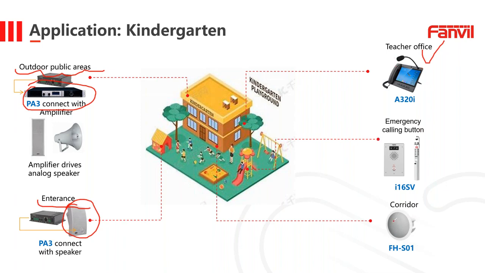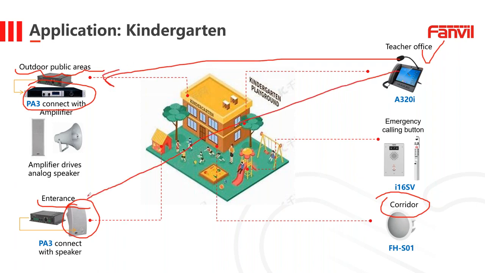And FHS01, the IP ceiling speaker, can be installed in corridors, so the teacher can page to public areas, entrances, corridors, each classroom or more. And also, you can install I16SV on the playground. So when students find an emergency happening, they can quickly communicate with the teacher.